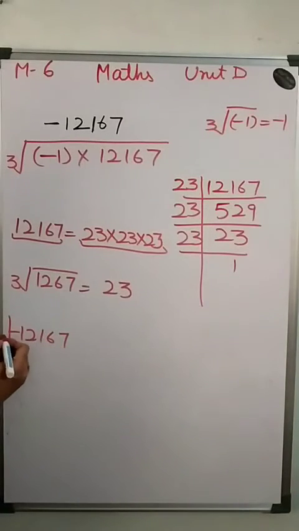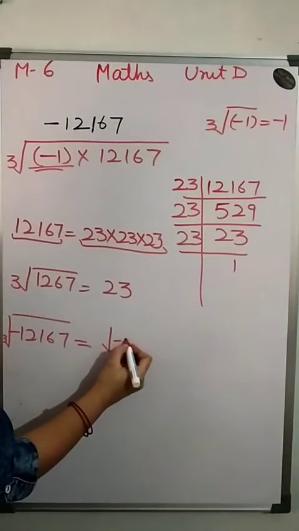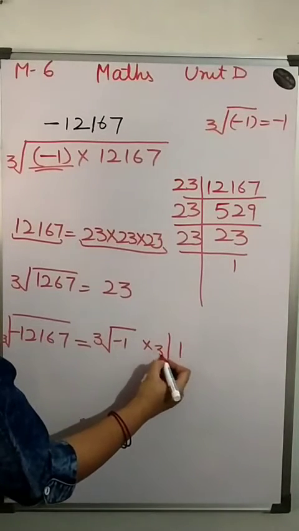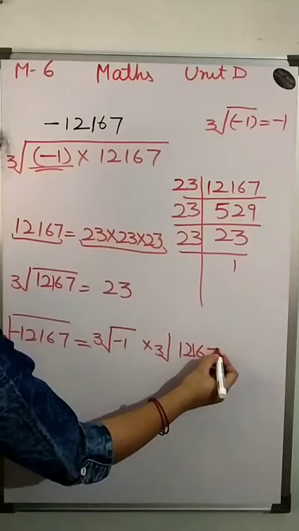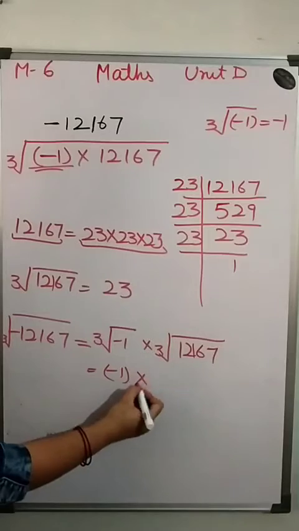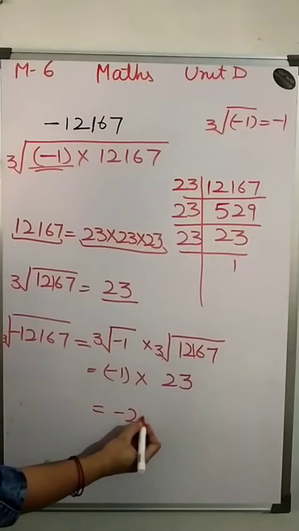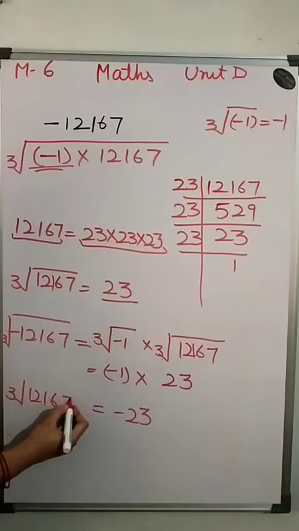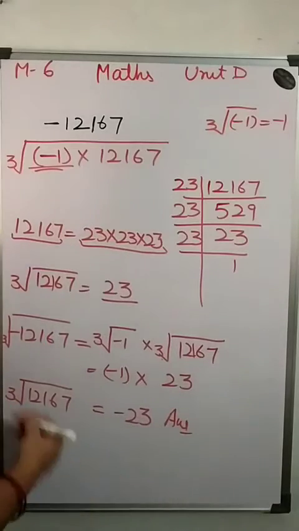Because we divided this into two parts, this one is -1 and this one is 23 only. The answer is -23. So the cube root of -12,167 is -23. This is the answer. I will explain one more example.